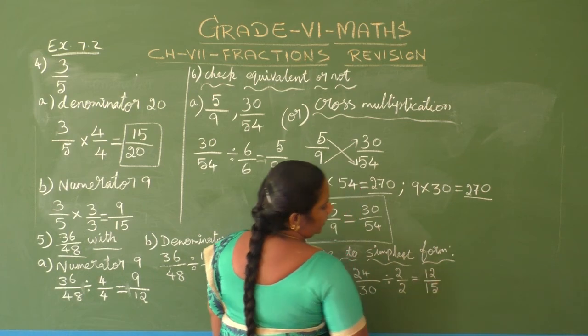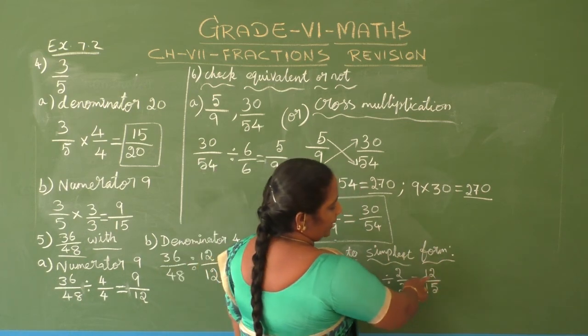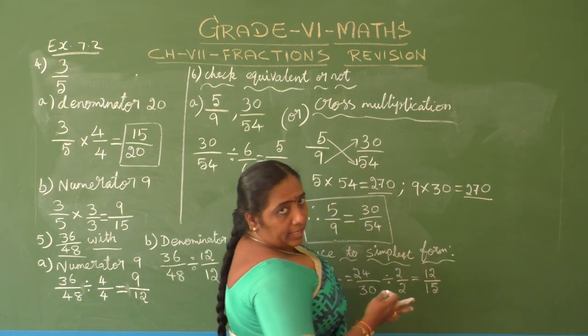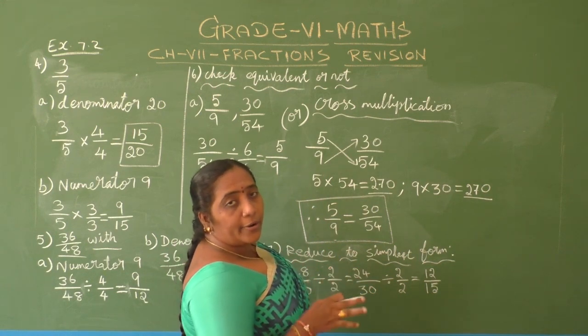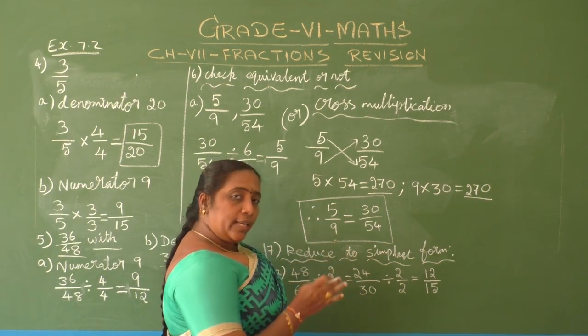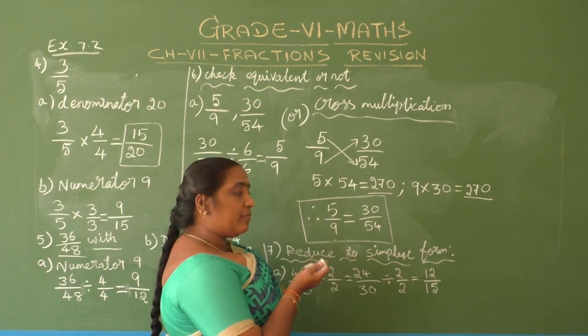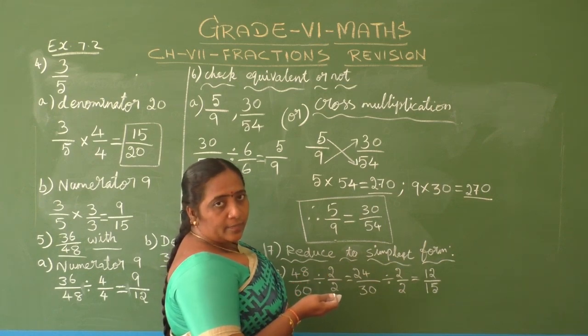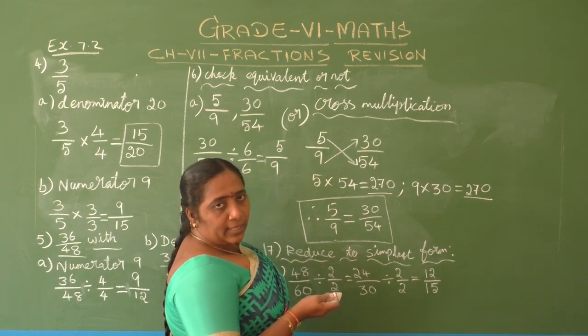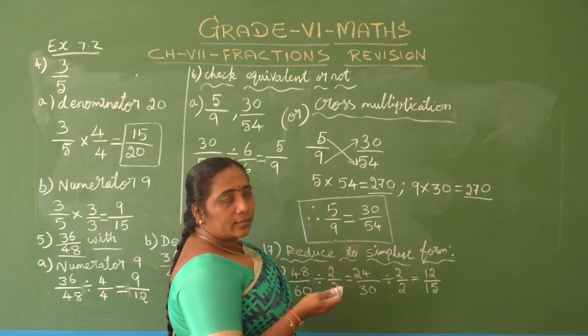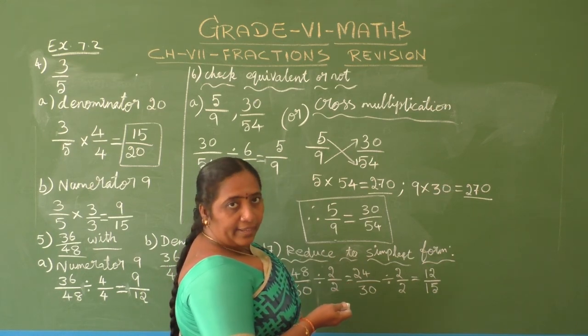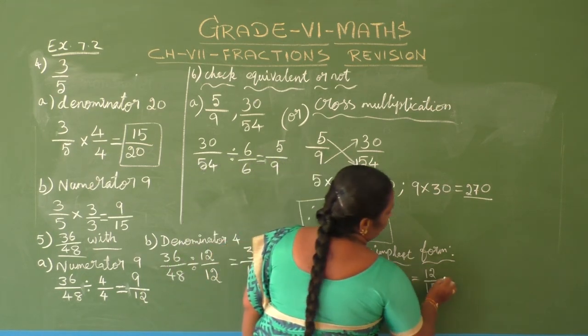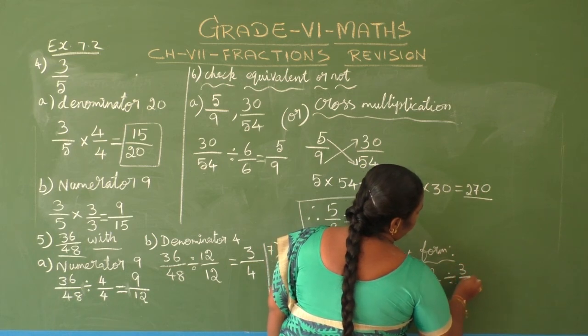Hereafter, only one side has an even number and the other side has an odd number, so we cannot reduce by the 2 table. Then we go to another common table. In which table can we simplify this? 12 and 15, in which table will it come? Yes, in the 3 table we can do this. Divided by 3 by 3.